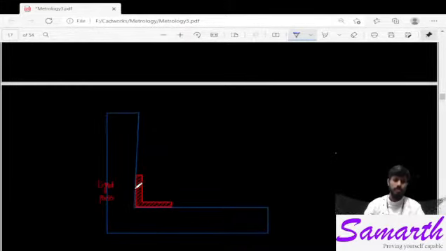Here in this figure you can see there is a little irregularity at the corner. Look at the blue colored component, and this red color is our try-square.